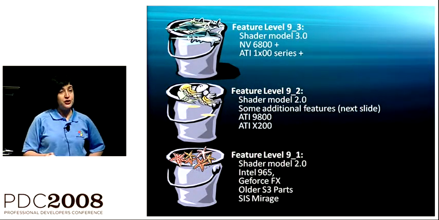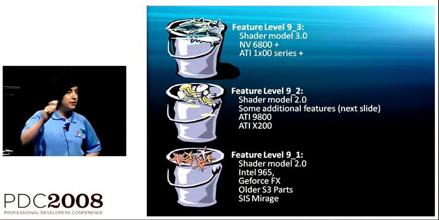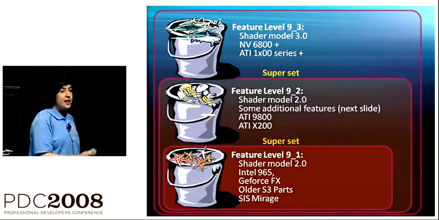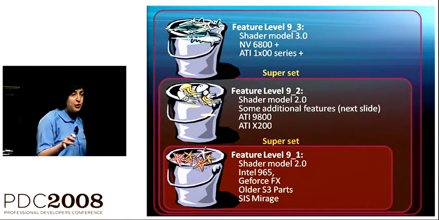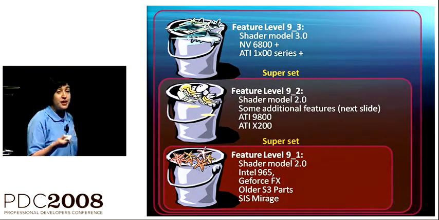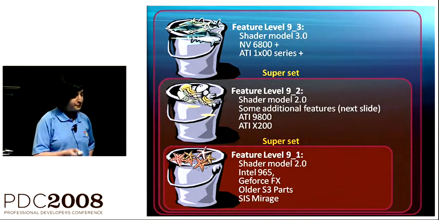And feature level 9_3 supports shader model 3.0. All this is going to be documented, so don't feel like you have to be scribbling this down. This isn't complete anyway. The important thing to realize, though, is that each feature level is a superset of the one below it. So feature level 9_2 has all the functionality of 9_1 plus some more stuff. Feature level 9_3 has all the functionality of 9_2 and 9_1 plus some more stuff.